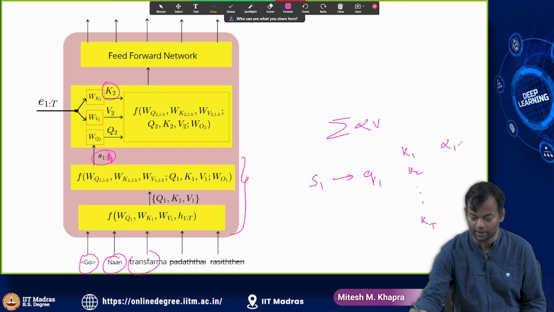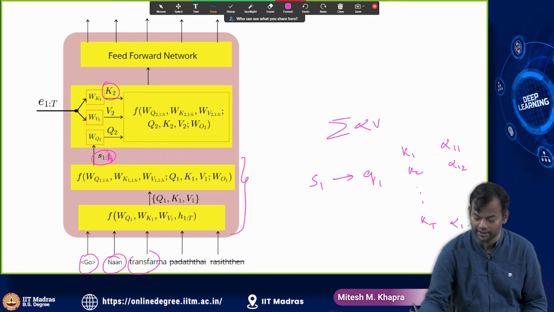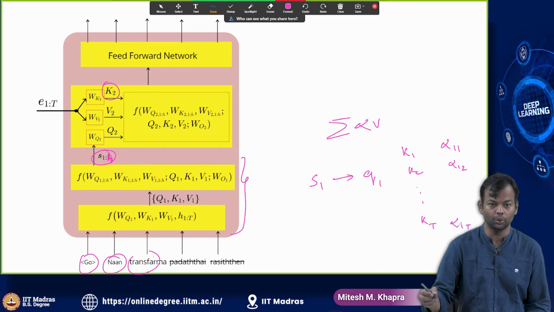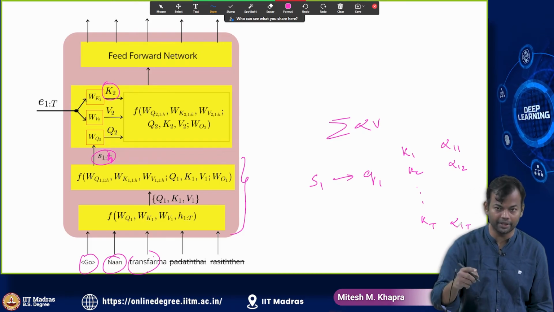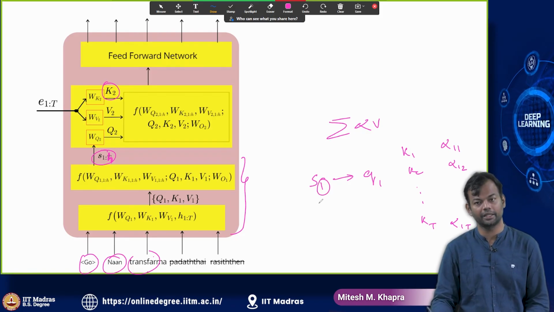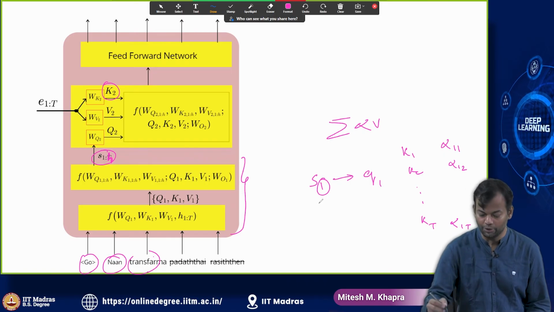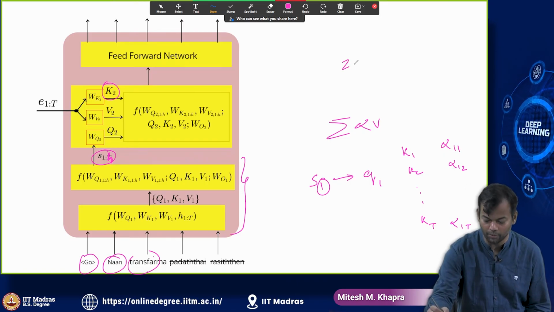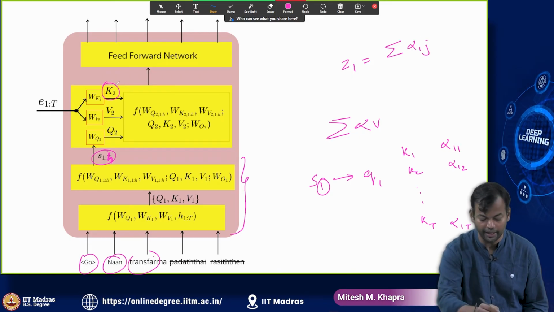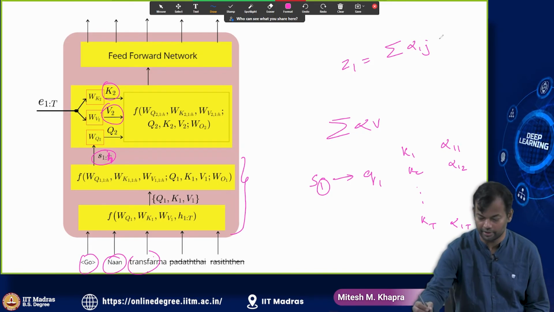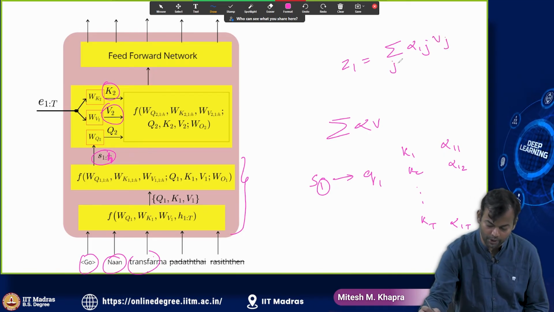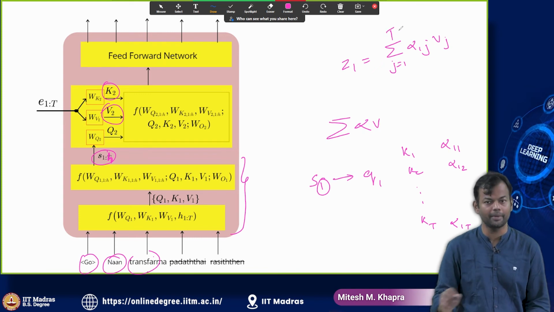So you'll have alpha 1 1, alpha 1 2, alpha 1 T. These alphas tell you how much attention should you give to the ith input in the encoder while computing a refined representation for the jth decoder value, right? And now using this, you will compute your Z1 as whatever alphas you have computed, alpha 1j, into the values which are coming out of here. So these are going to be some vj's, and you're going to sum over j equal to 1 to t, right? The same computation happens again.